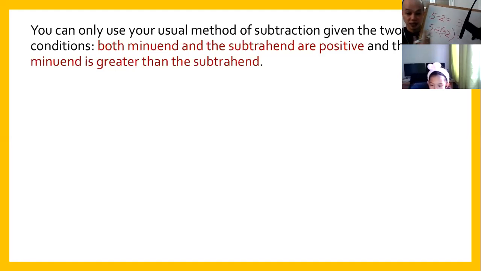Positive times positive equals positive. So this one is negative and negative, so it will become plus. So you can just add directly. 5 plus 2 equals 7. Am I right? Yes, equals 7. That will be positive 7. Because you just change this to positive. That's the technique. Okay, Christelle?